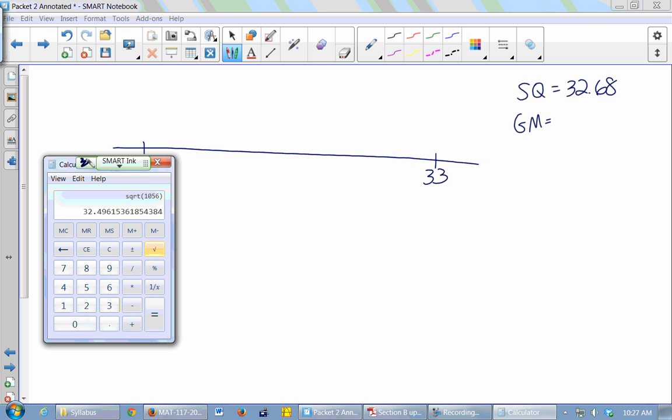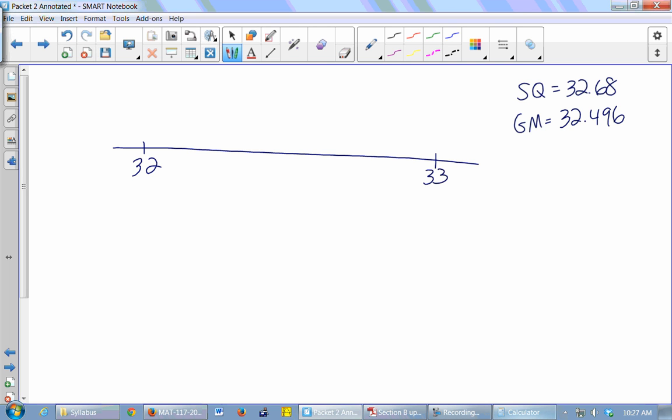It's 32.496, which is really close to 32.5. And it is very easy to forget which one is the one you're comparing, right? Which one is the cutoff and which one is the one getting rounded.